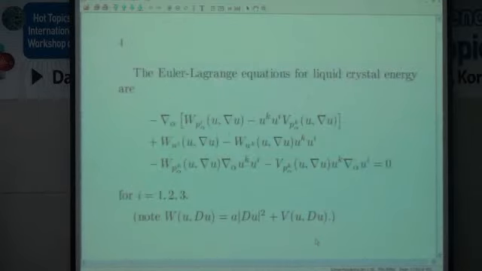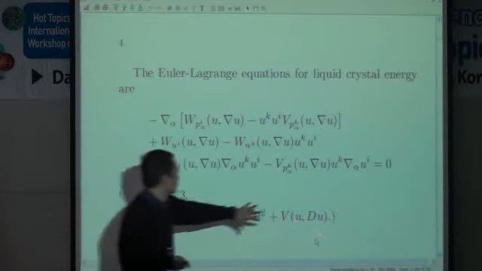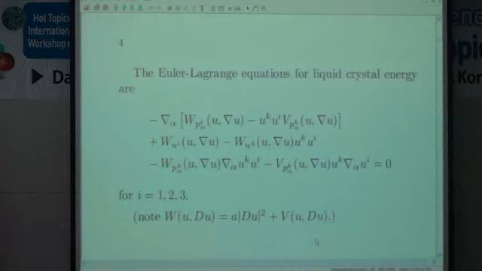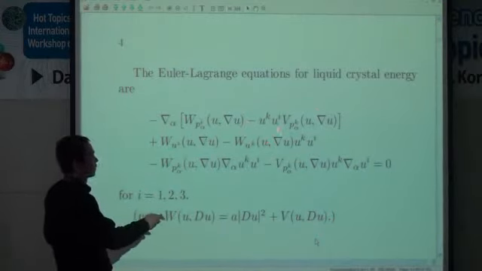So what is our Euler-Lagrange equation for the liquid crystal energy? This system is very complicated. Of course, if you only consider this term, the other disappears, and there is no problem in the elliptic system. However, if you have a constraint, then this term comes out.